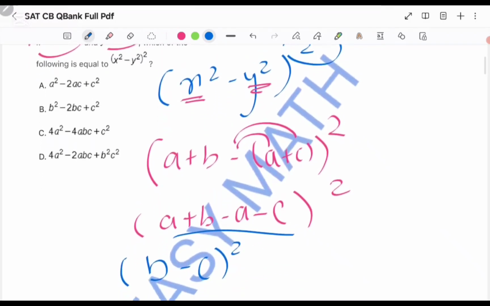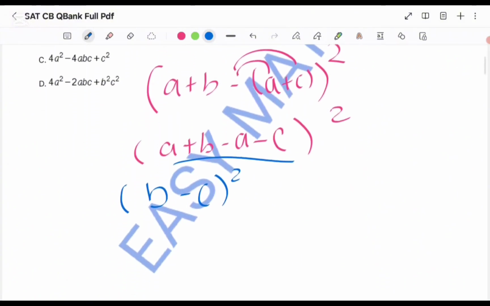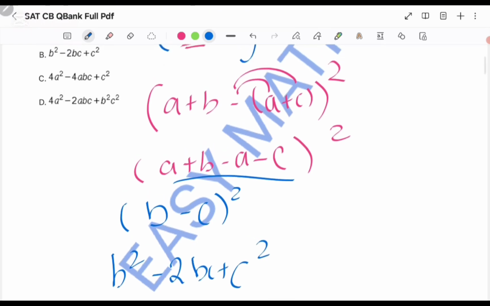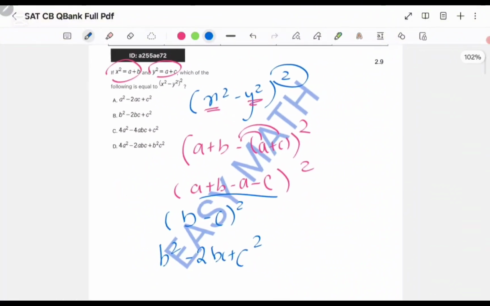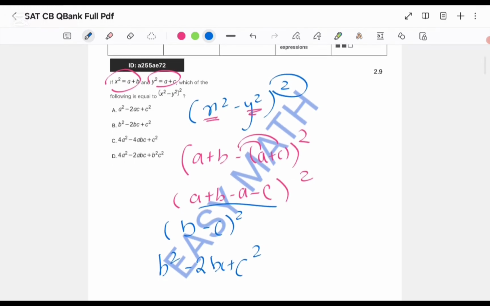So if we're going to end up with b minus c all squared, let's try to do this. So we have b squared, c squared, and then we have negative 2bc. So that is going to be our answer, which is choice B.